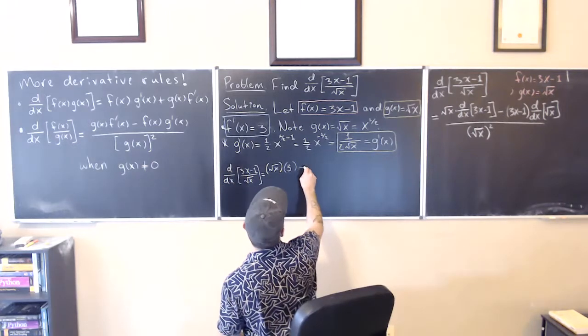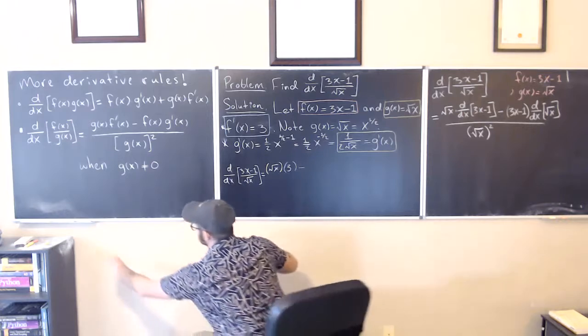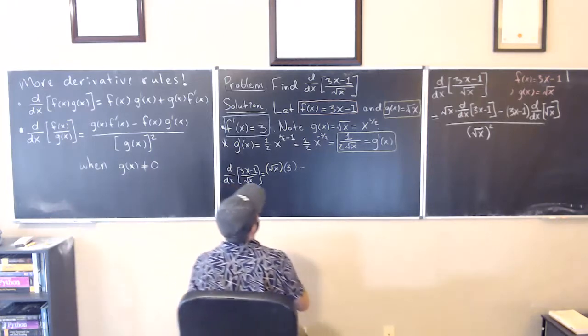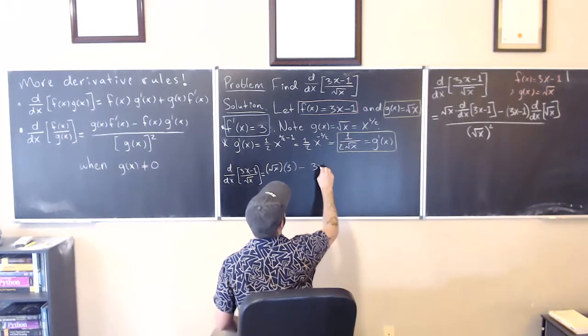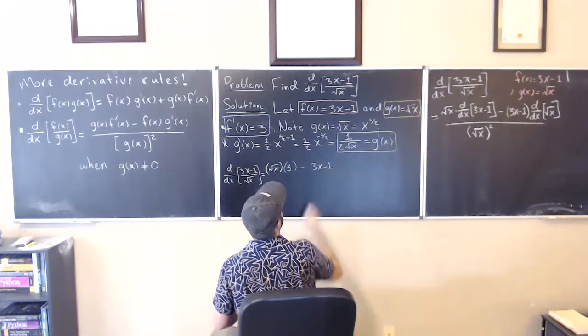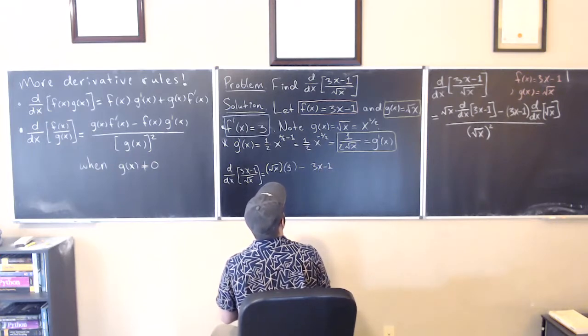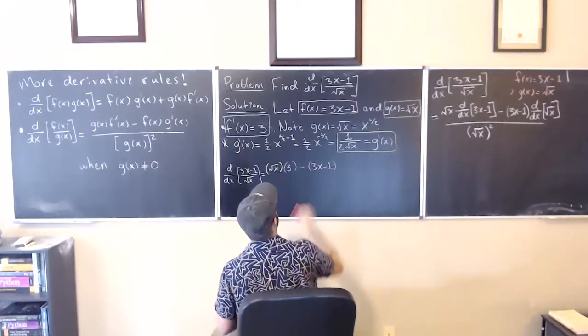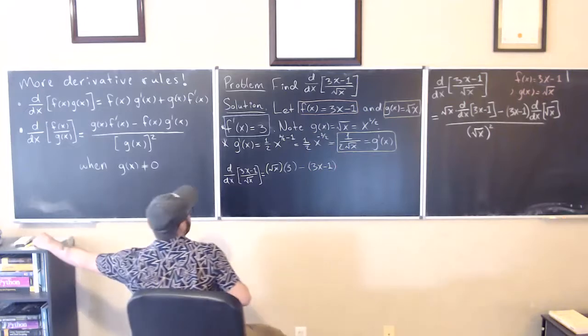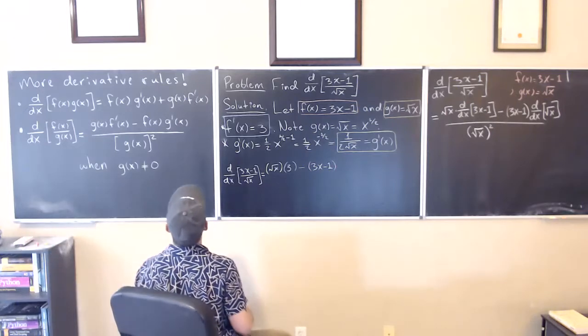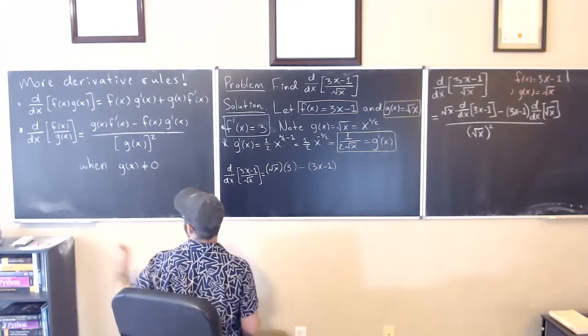And then we have minus f, this is 3x minus 1, so that's f. And then finally, we have g prime, which is in green.